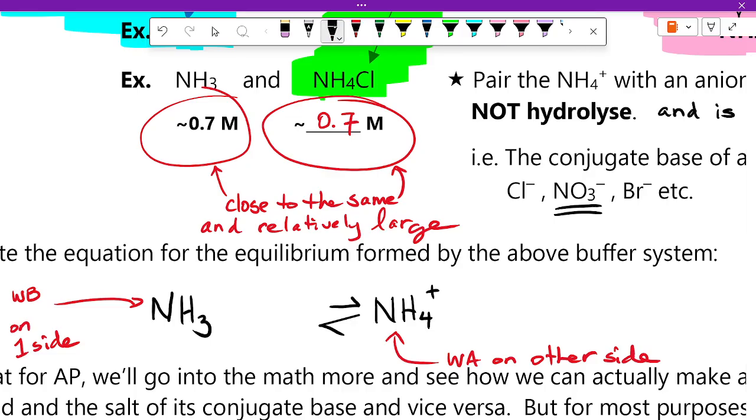Yes? Probably. Everything's aqueous except water, which is liquid. And what else should go in the reactants? Water.